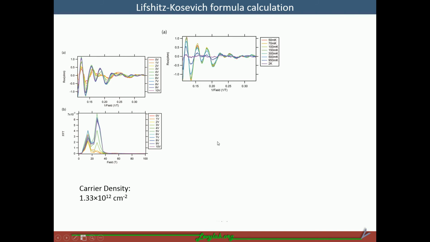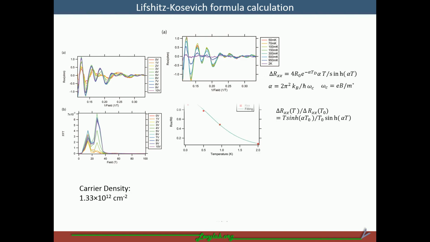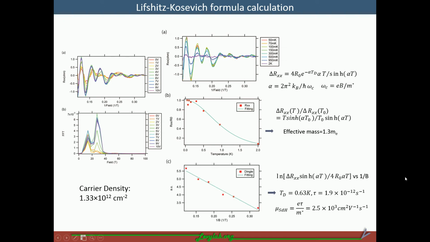And from the temperature dependence data, we can do the LK formula calculation, which is the standard way to analyze Shubnikov-de Haas oscillation. I'm going to skip the details of this analysis, and at last we can extract a mobility of around 2.5 times 10 to the 3.